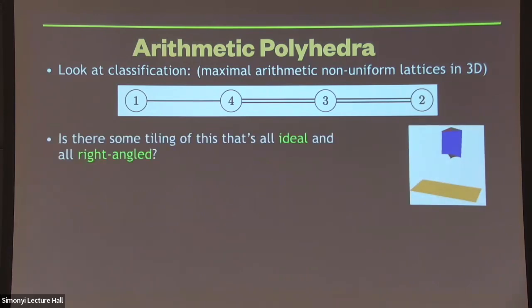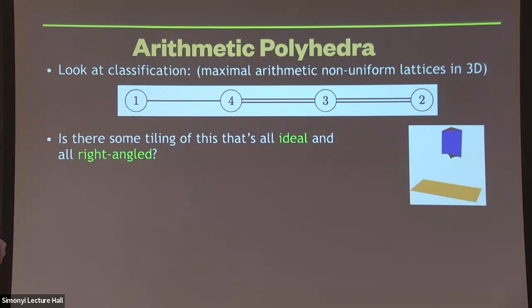So the question becomes, given this tile, is there some way to unfold it and get something that's all ideal and all right angled? You start by saying, well, this wall 1 is this compact wall. That's bad, because we need all ideal edges, but it meets wall 4 at angle pi over 3.